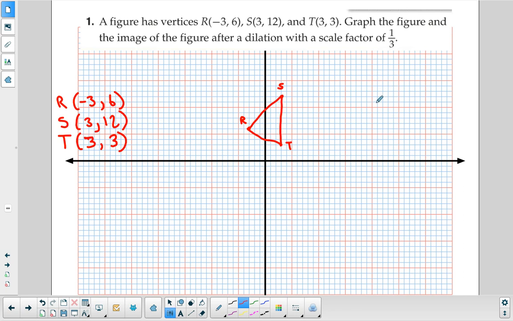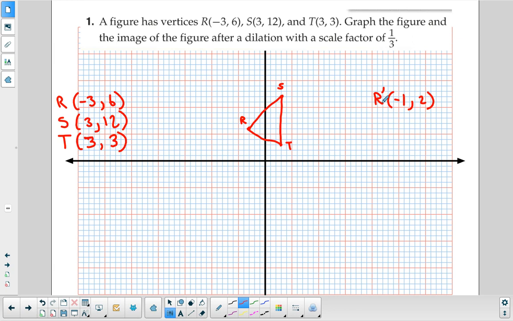So I'm going to write my new point R, which is going to be R prime, by using the apostrophe. So we have -3 multiplied by 1/3 is -1. And then 6 multiplied by 1/3, that's 6 times 1 divided by 3 equals 2.